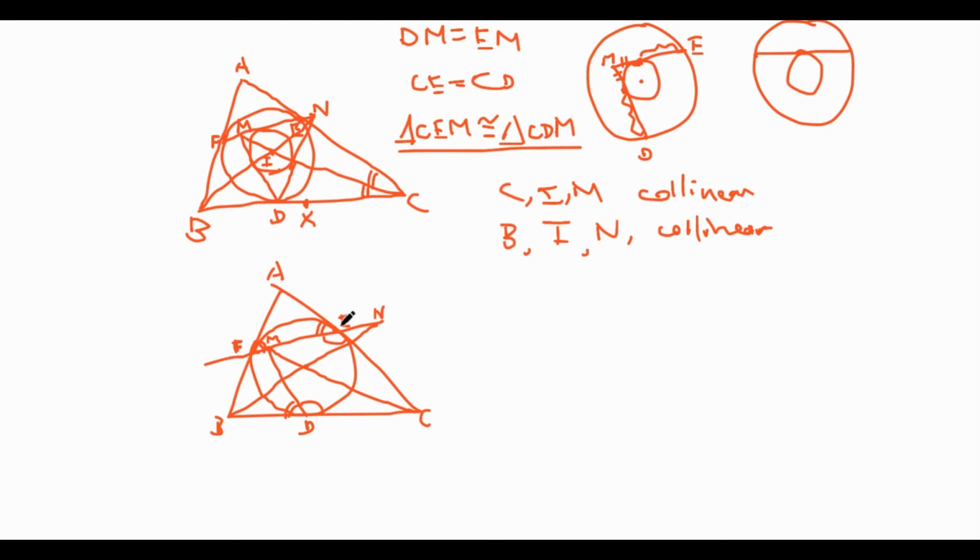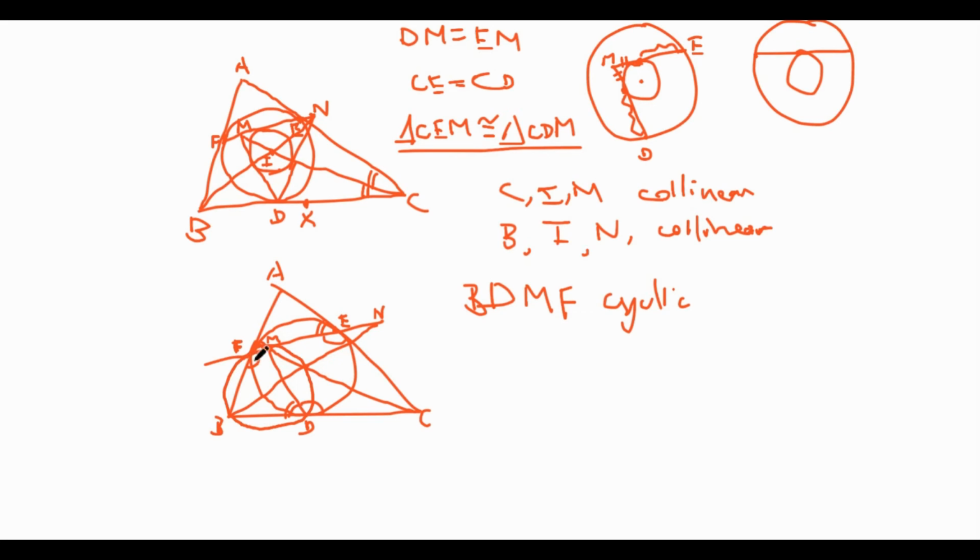Because AF equals AE, they're both common external tangents to the incircle from A. So now, since angle AFE is equal to angle MDB, we see that this angle MFB is in fact supplementary to angle MDB, which means that BDMF is cyclic. So let's draw that in.